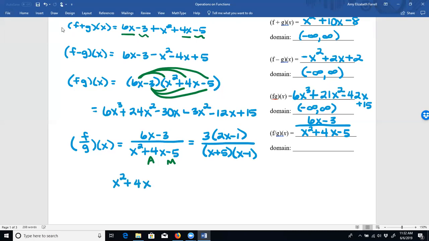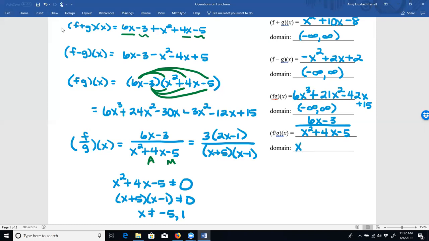So any value that would result in division by 0 must be excluded from the domain. So we already know that this factors as x plus 5 times the quantity x minus 1. So we do not want x to be negative 5 or 1. I'm getting those numbers by setting x plus 5 and x minus 1 to 0. So our domain would be all real numbers except negative 5 and 1.